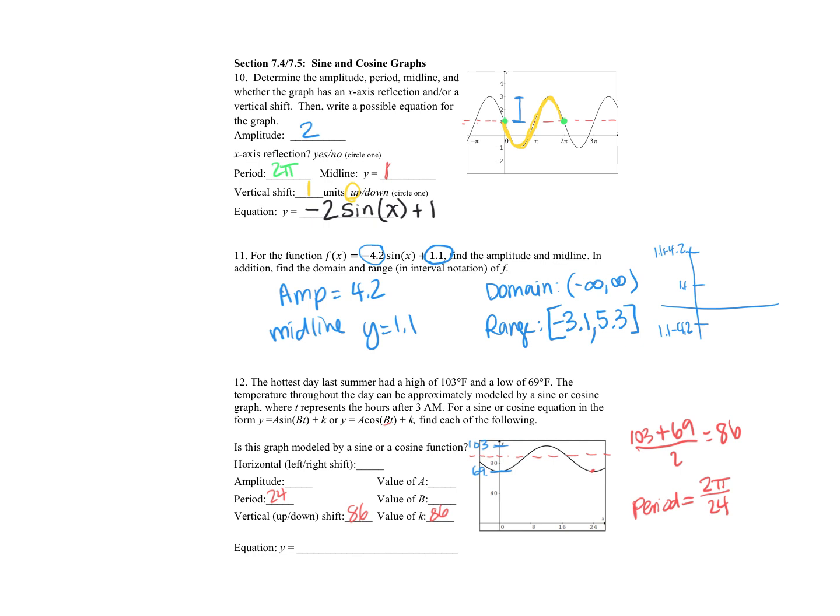So if I reduce that, I get b equals pi over 12. And then the amplitude would be the distance between the midline and the maximum. So if I do 103 minus 86, that gives me 17 as my amplitude.